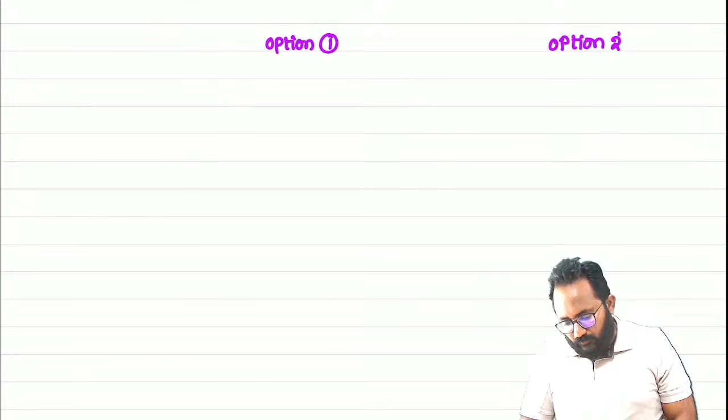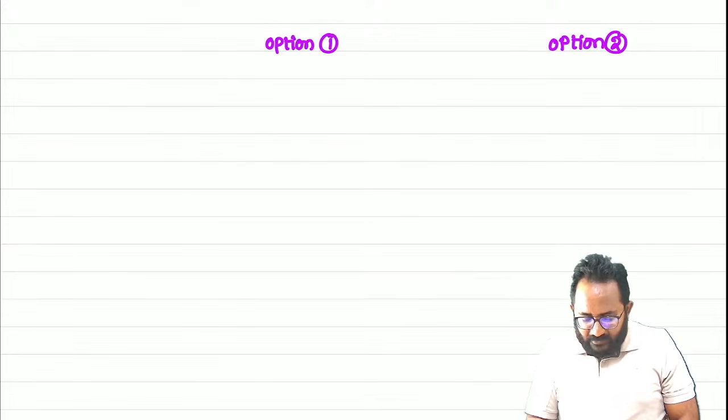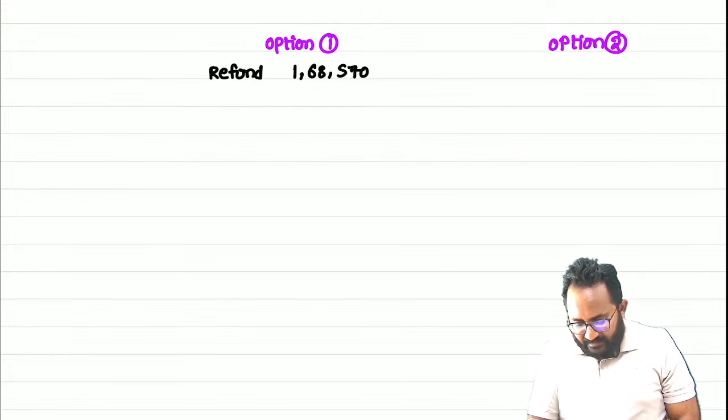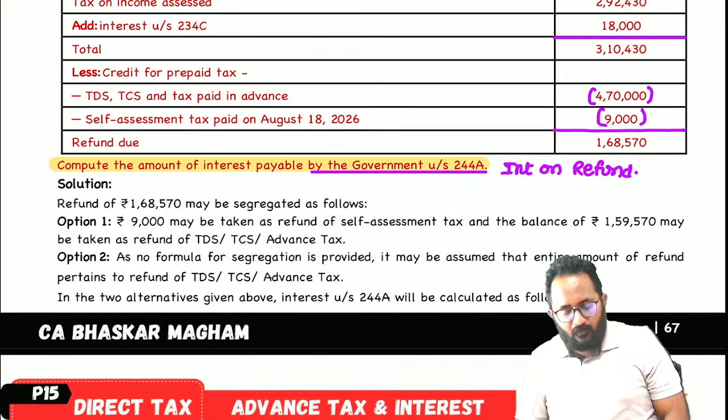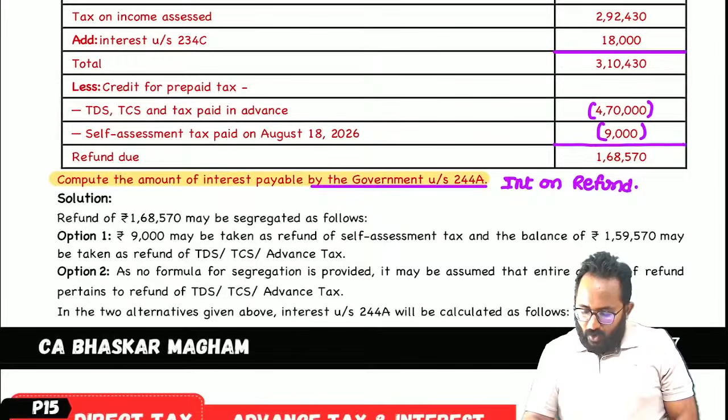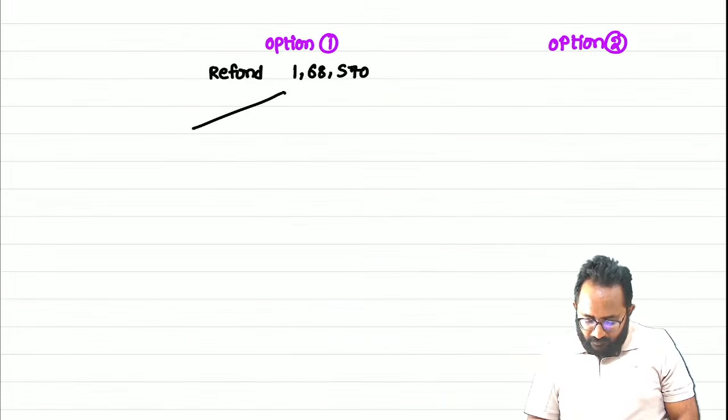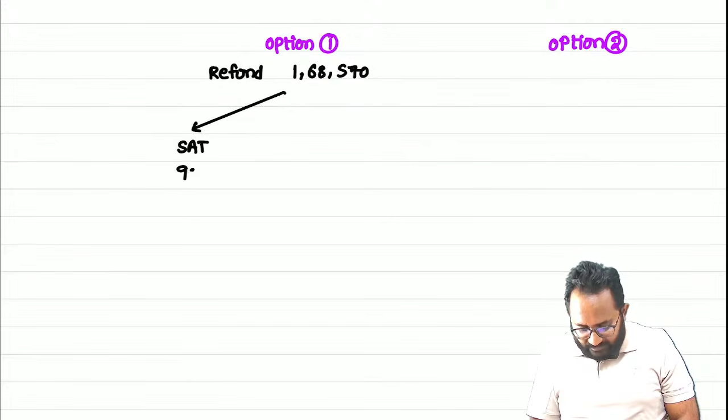Yes, option 1. What is the refund we have to get? Please tell me totally. 1,68,570, right? Now I will take the first, we got a refund from the self-assessment tax 9,000.